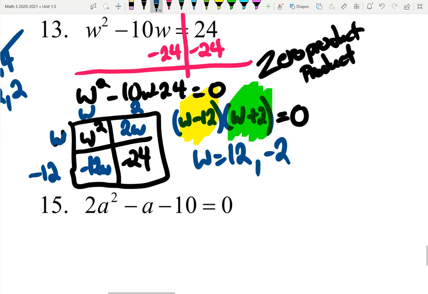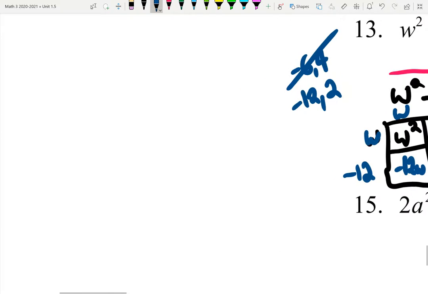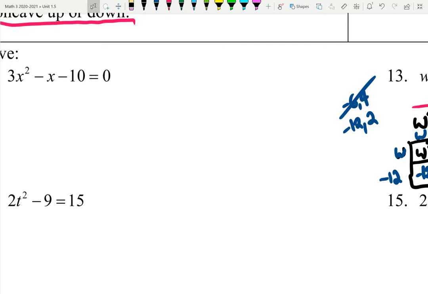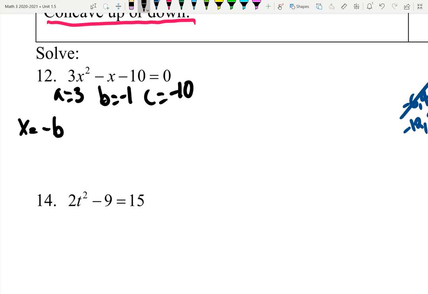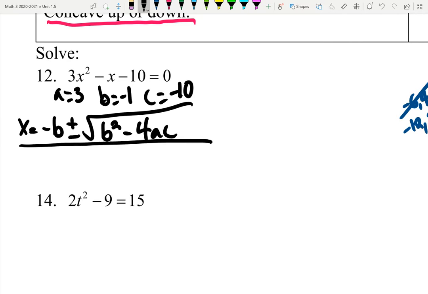Now, if I needed to, since it's a quadratic equation, I could have used the quadratic formula. I will demonstrate with the first one. Okay, number 12, I can just let a be equal to 3, b equal negative 1, c equals negative 10, and plug it into my quadratic formula, which is negative b plus or minus the square root of b squared minus 4ac all over 2a.